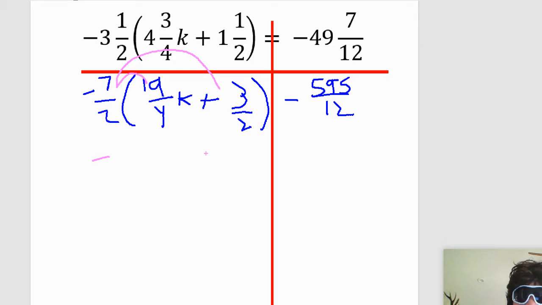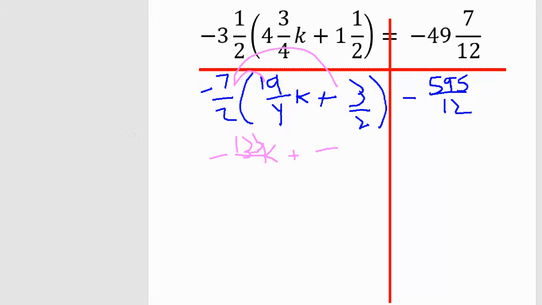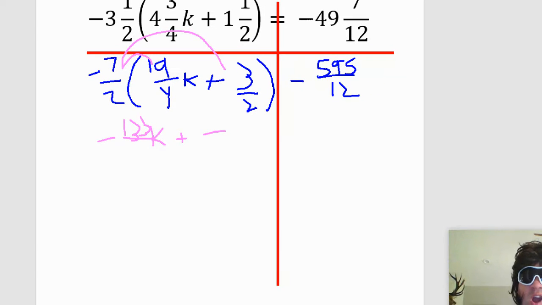negative and negative. Okay, my bros, don't forget one negative times a positive is going to be a negative. Let me fix my k. I'm just getting this all set up, my bros. So we've got 133 over 8.